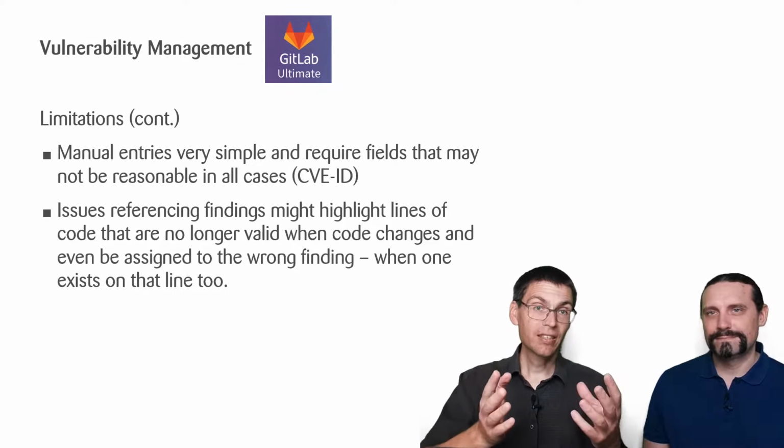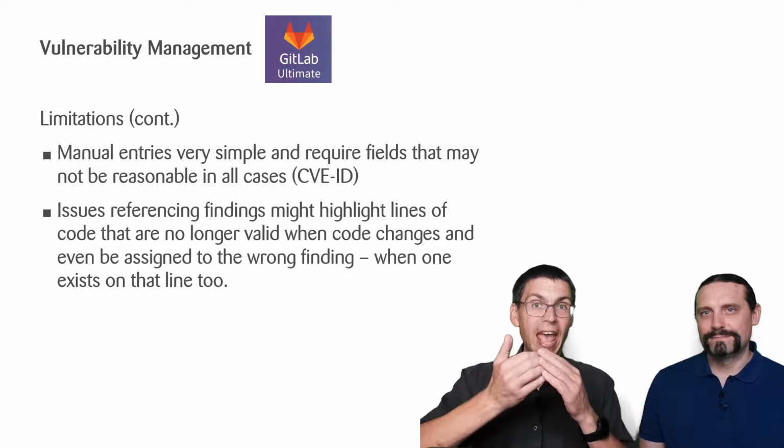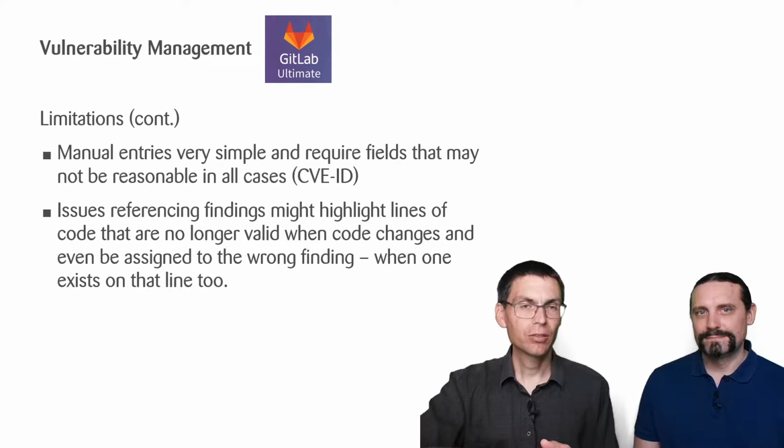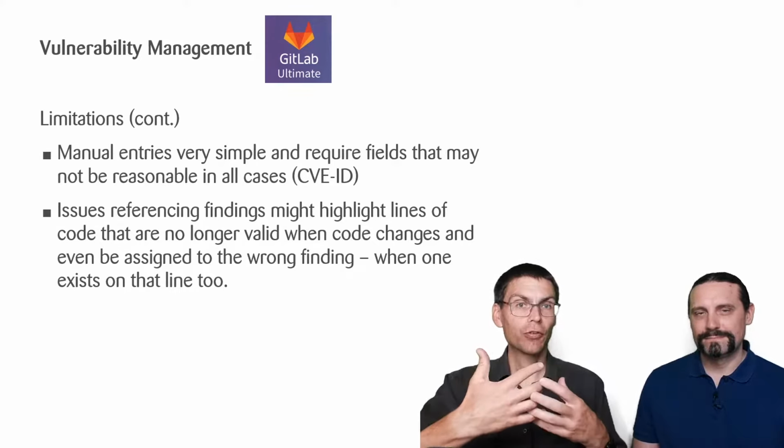On the other side, the data you can actually add is very limited. So that's not much of comments or additional information you can add to such a manually added finding. Another thing that I witnessed was when I changed source code, the finding that already existed wasn't pointing to the right position in the code anymore.